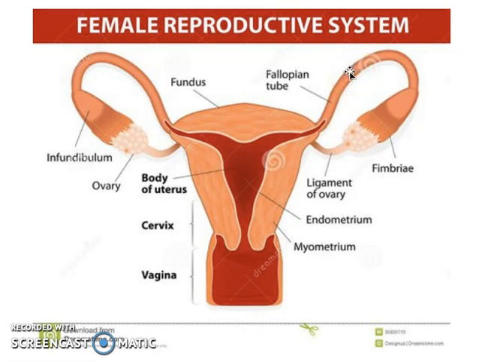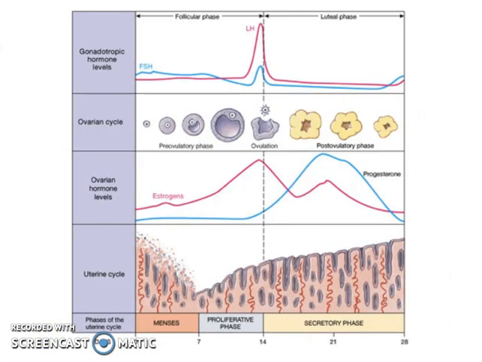Now, all of this is regulated by two different types of hormones. The first set of hormones I want to cover very briefly are LH and FSH. These stand for luteinizing hormone and follicle stimulating hormone.